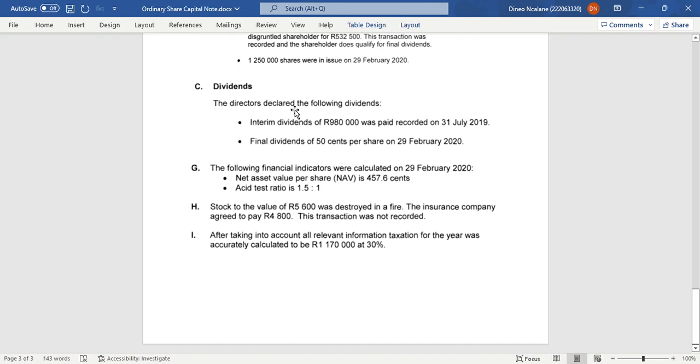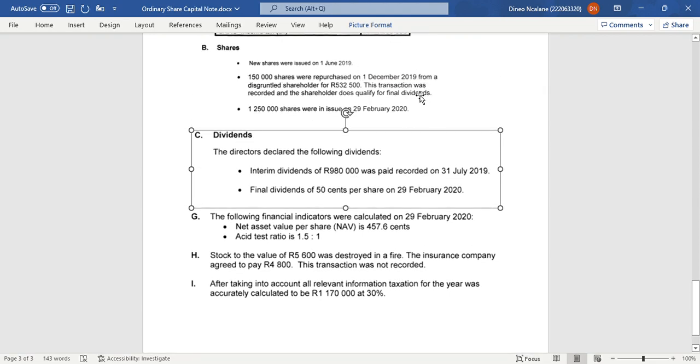So since it is the final dividend, we are required to take the shares that were issued at the end of the current financial year and multiply them with the cents that we are given here. But before doing so, you have to check the shares that were repurchased.